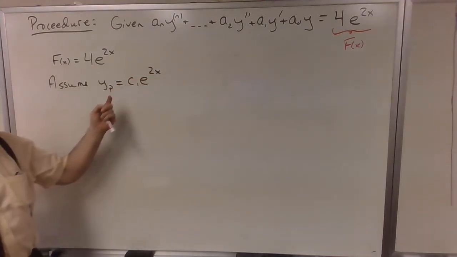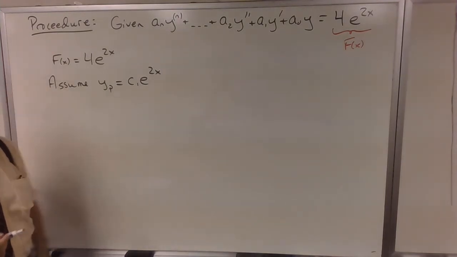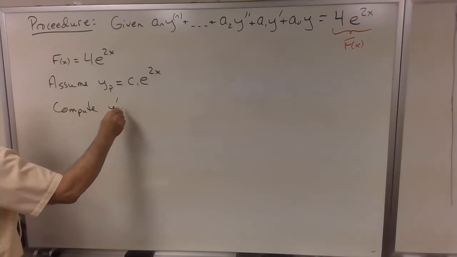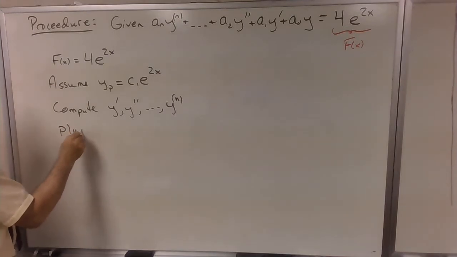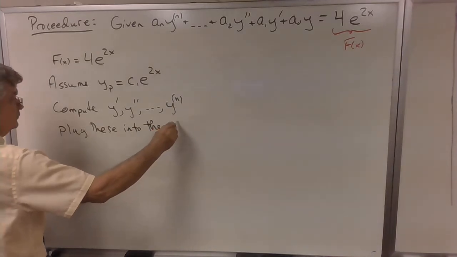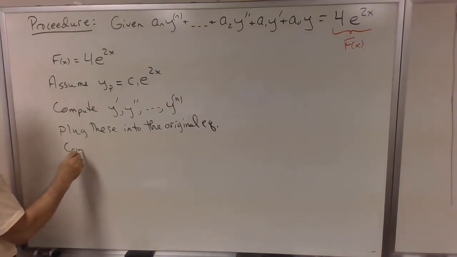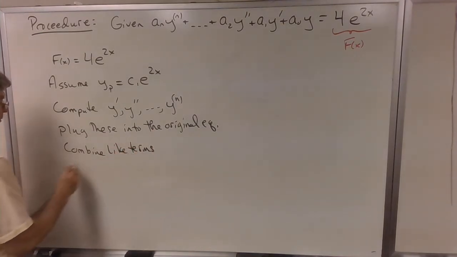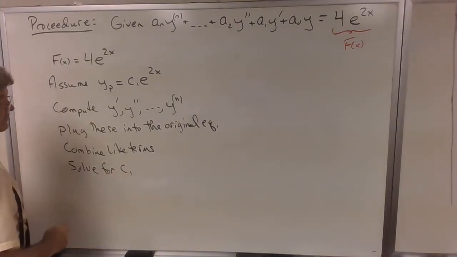I'm going to assume that my particular solution looks like some constant times e to the 2x. And then I'll compute y prime, y double prime, the nth derivative of y, and plug these into the original equation. I'll combine like terms, and I'll solve for C1.